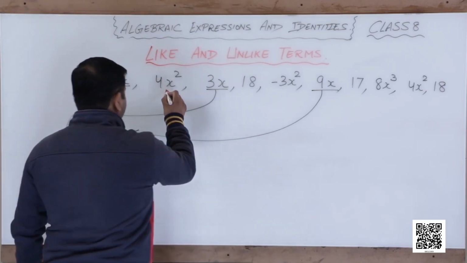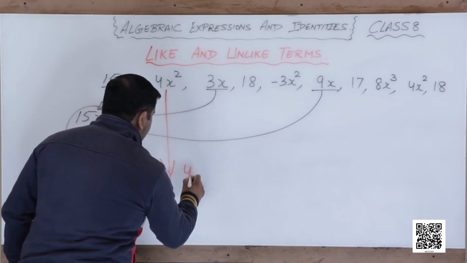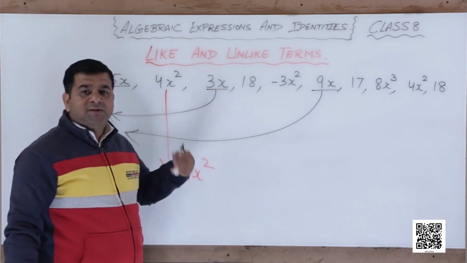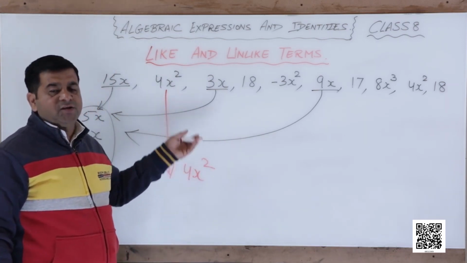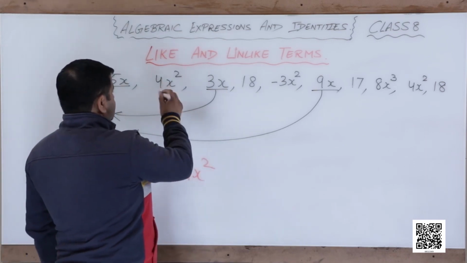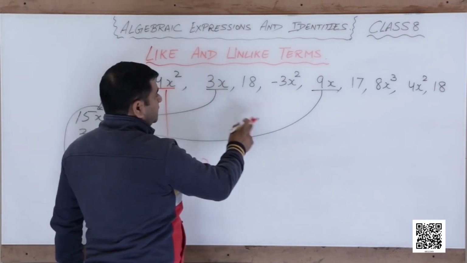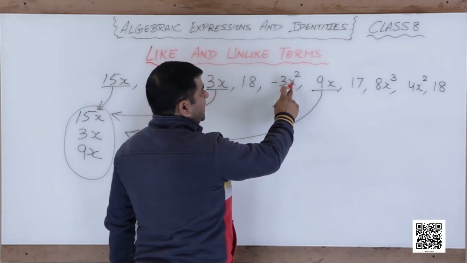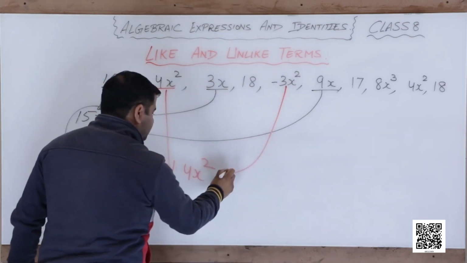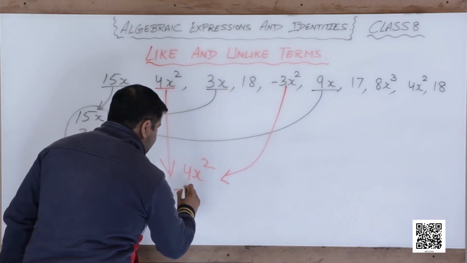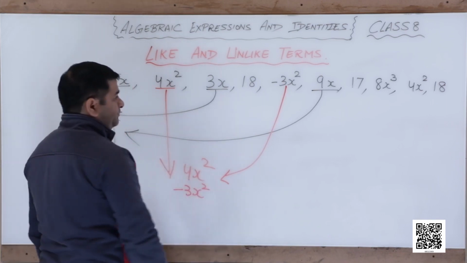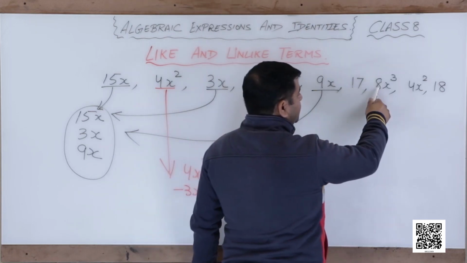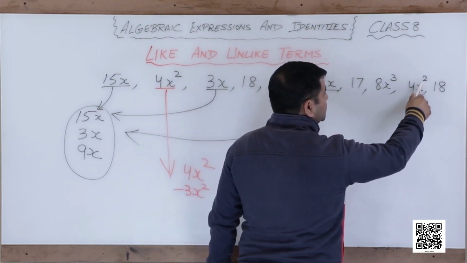So first one is 4x square, we bring it here, 4x square, that is x raised to power 2. Now let's find some more terms with the variable x raised to power 2. This we have already taken. This is 18, it has no variable. It again has variable x raised to power 2, so we bring it here, minus 3x raised to power 2. Again, this is 9x, 17, 8x raised to power 3 and 4x raised to power 2.